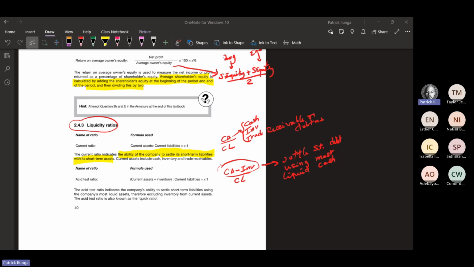And imagine you are an investor in this company, especially as a shareholder, because you are coming into the ownership of the company. Would you think that this ratio is not important? It's quite important, especially if you are comparing a couple of companies to see which one you should invest in.